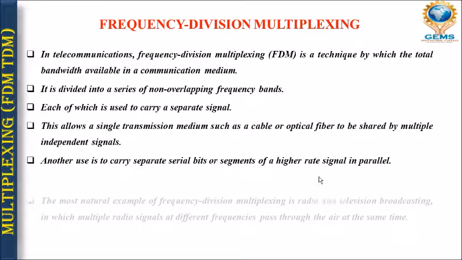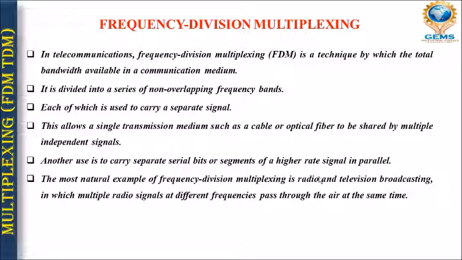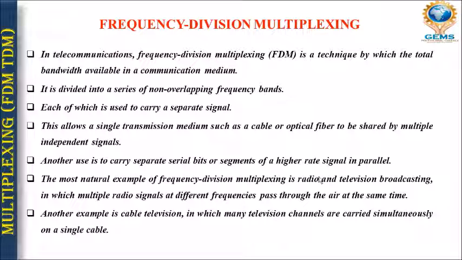The most natural example of FDM is radio and television broadcasting. As I have already told you, whenever we want to transmit massive data from one place to another place, we use this type of multiplexing. Another example is cable television.